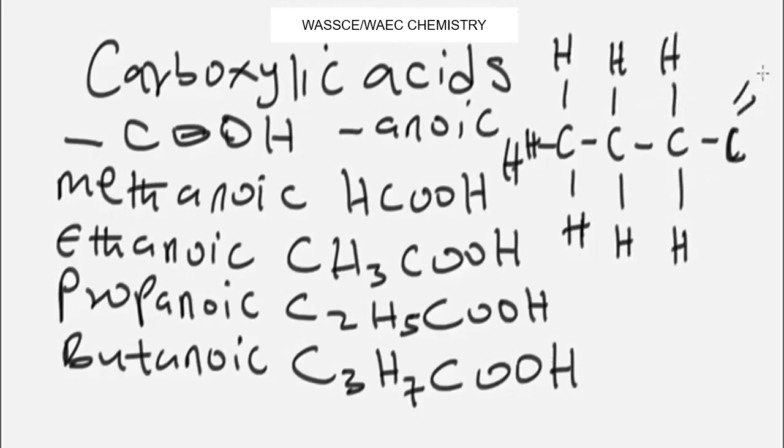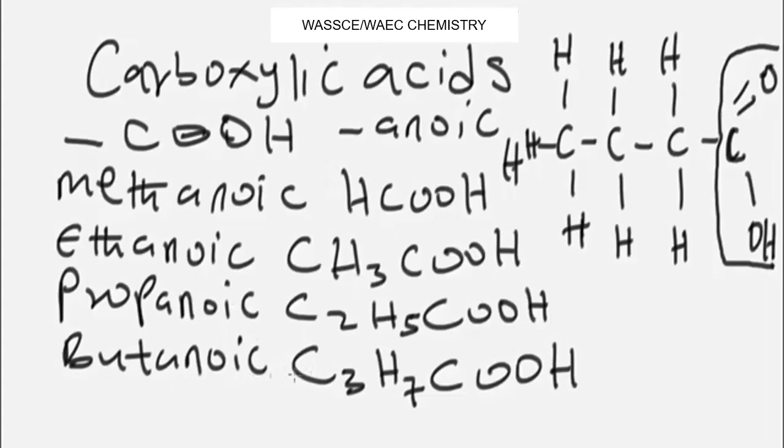This will be the oxygen atom and this will be the OH group. So it's as simple as that. This is how you can draw the chemical structure of carboxylic acid. Before we wipe this, take note that this is the COOH functional group, indicating that this structure is a carboxylic acid. That's the functional group there in the structure.